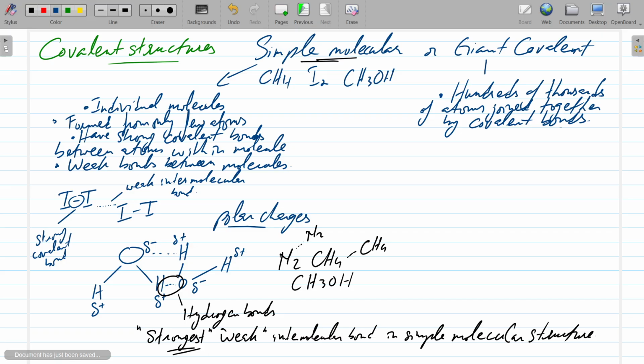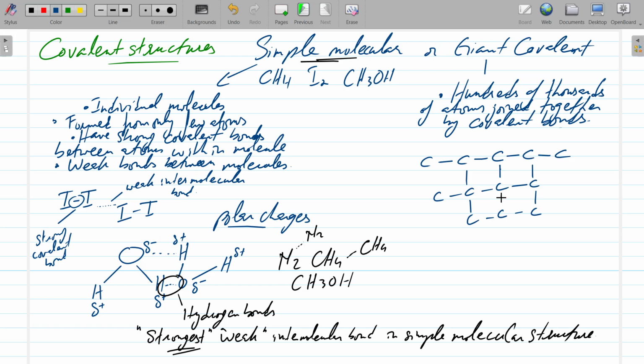So if I draw carbon in diamond, each carbon is bonded to four other carbons. Can you see that?